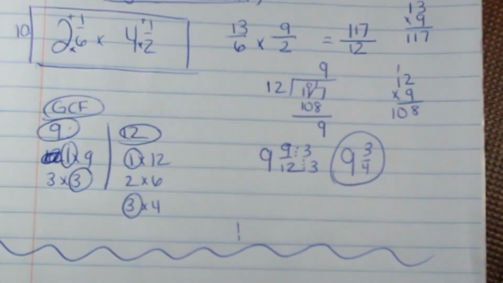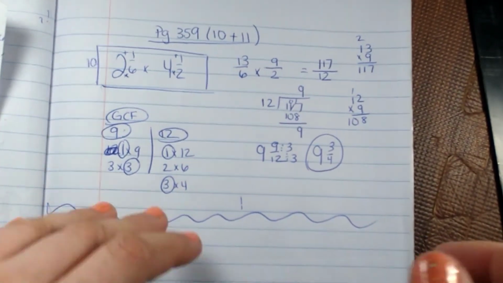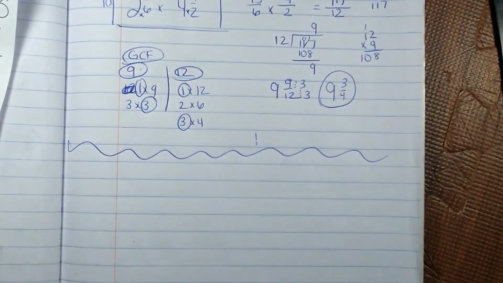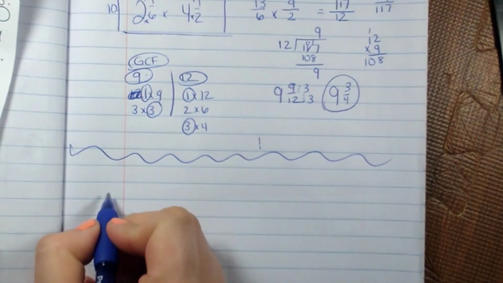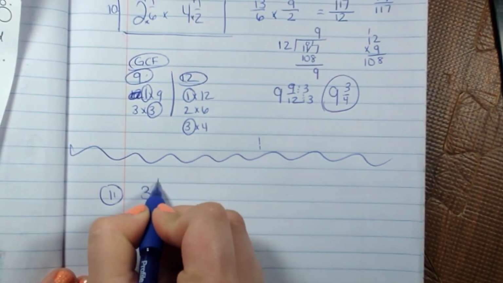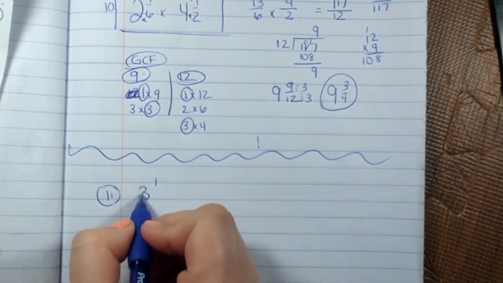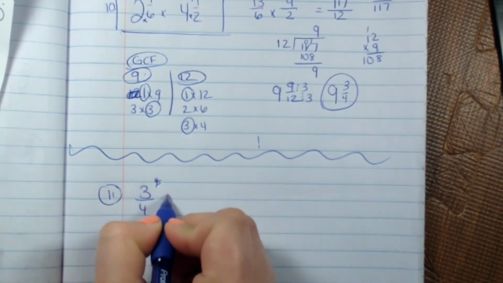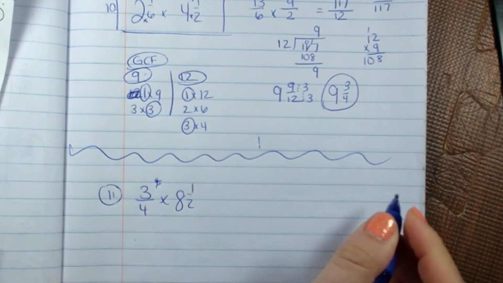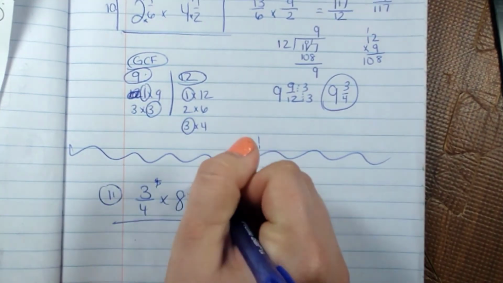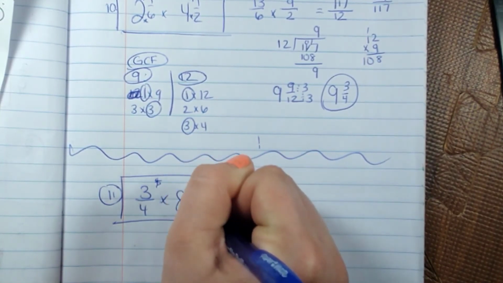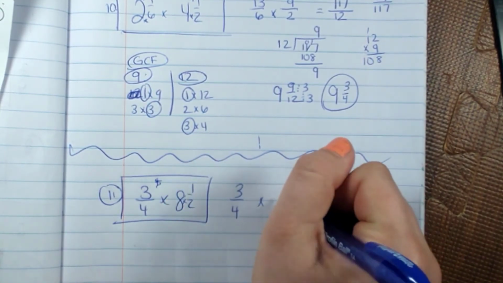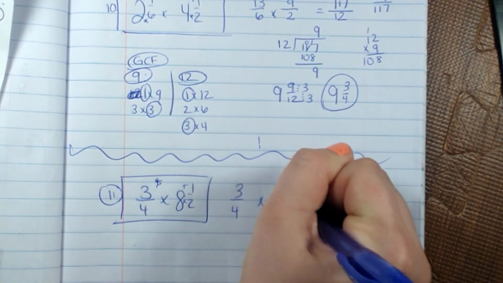All right, I'm going to zoom out just a tad here. All right, and then number 11 is 3/4 times 8 1/2. Okay. So 3/4 stays the same. 8 1/2 is 2 times 8 is 16 plus 1 is 17 over 2.